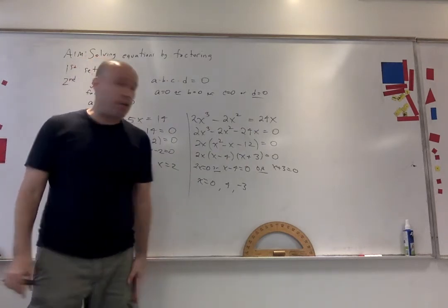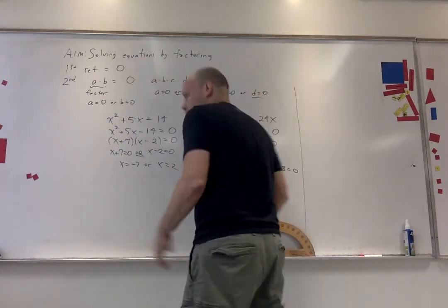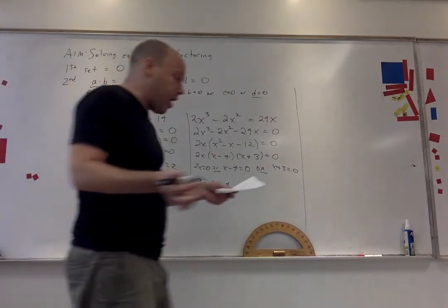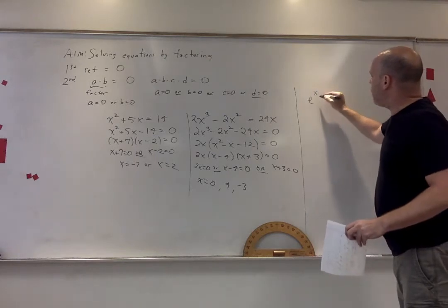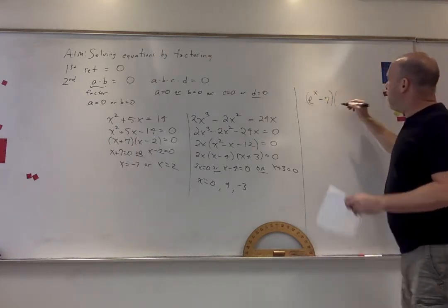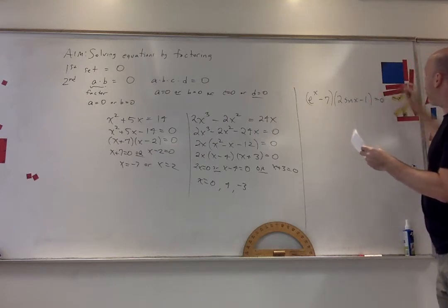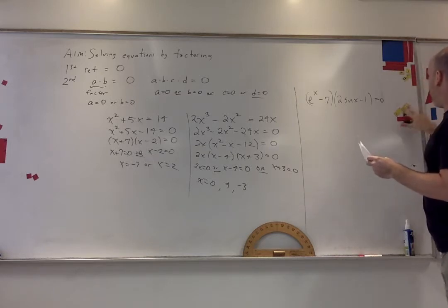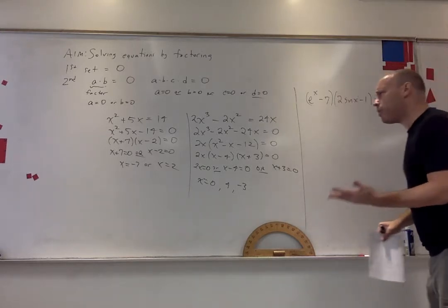Okay, well, does this apply? Does it have to be polynomials? The answer is no. As long as you have something times something equals 0, you're in good shape. And the book gives some examples of it. So, for example, if you see e to the x minus 7 times 2 sine of x minus 1 equals 0, maybe you don't know how to do this, but still, you look at the structure of the equation and you say, oh, you know what?